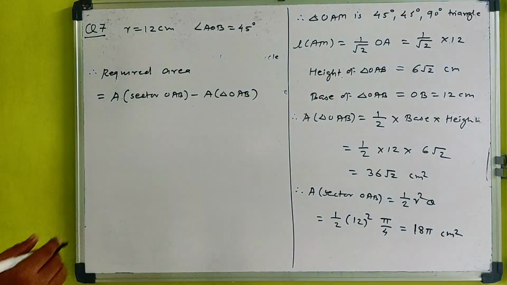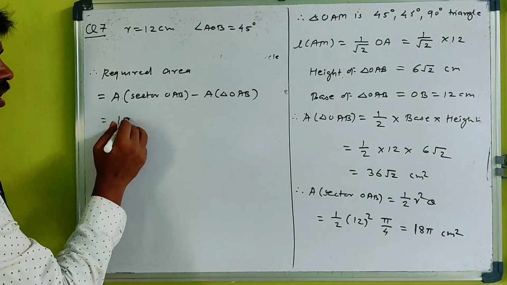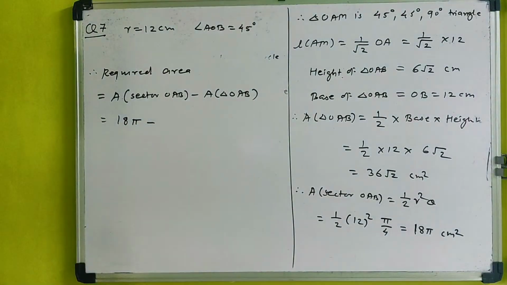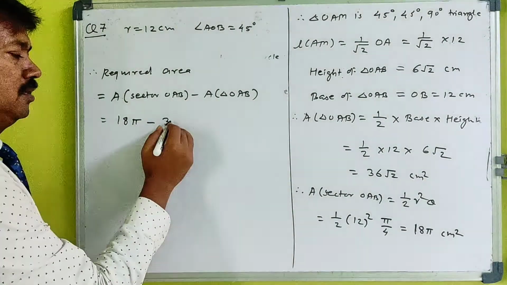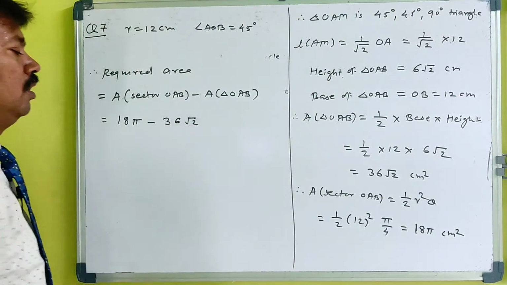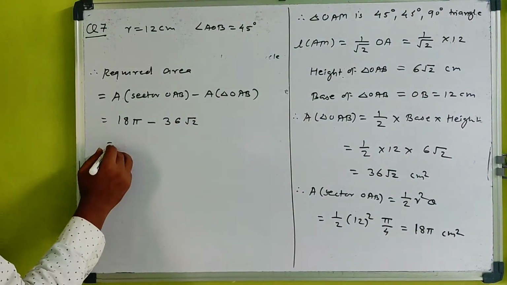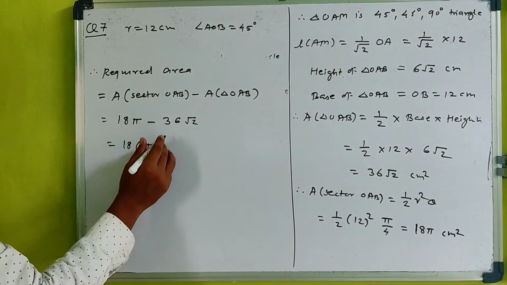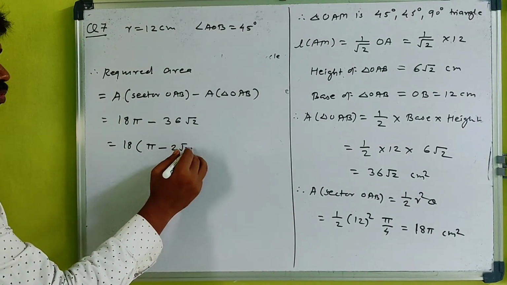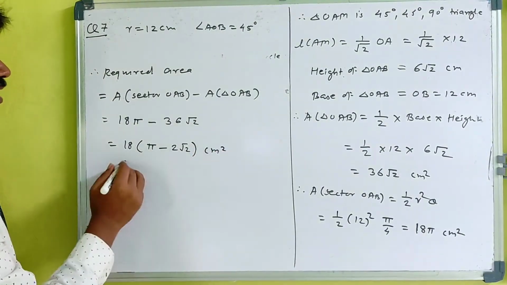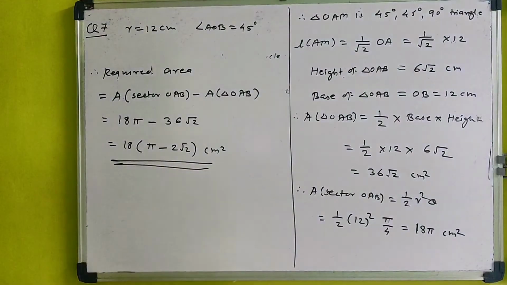So the sector is 18 pi, and this triangle is 36 root 2. So 18 common, inside remains pi minus 2 root 2, like this. This is the final answer for this sum. Fine?